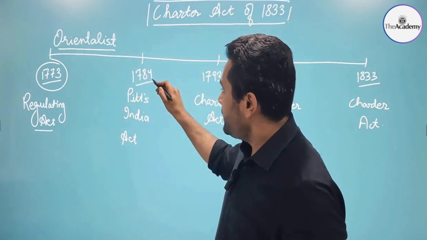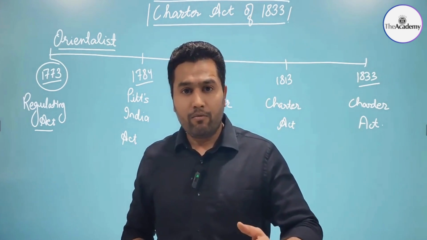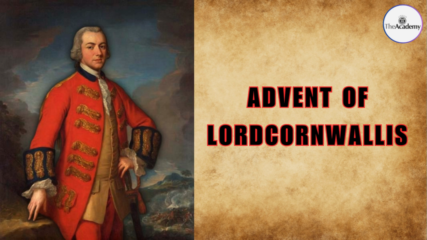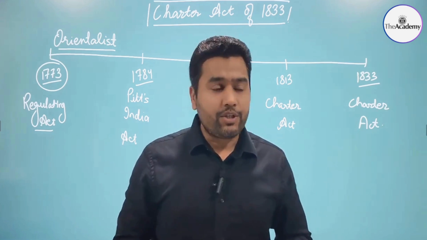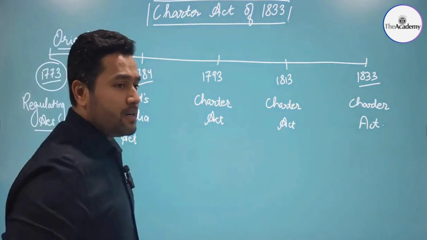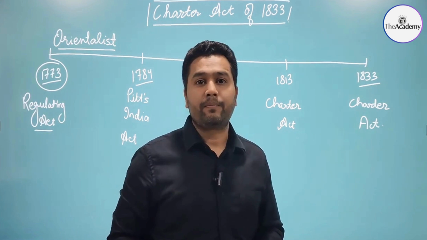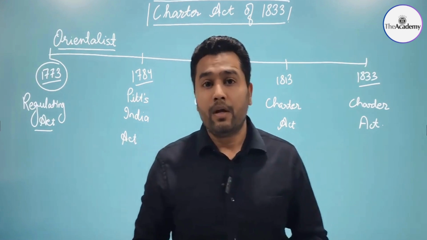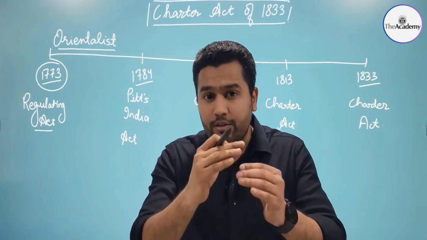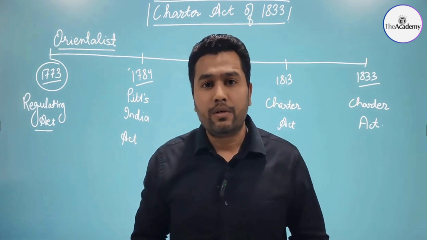However, in 1784, when the Pitt's India Act was passed, followed by advent of Lord Cornwallis in 1786, the British started holding Indian custom, tradition, knowledge in contempt, or rather, a distorted idea of India, distorted knowledge of India which Orientalism produced.